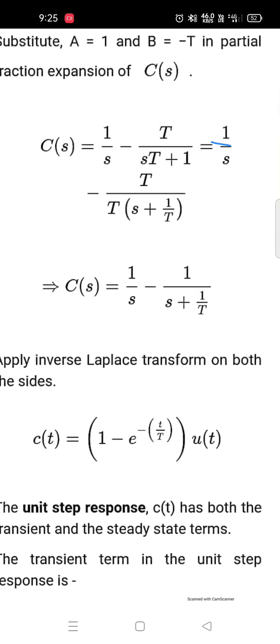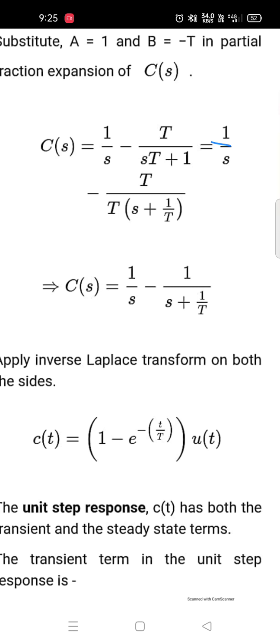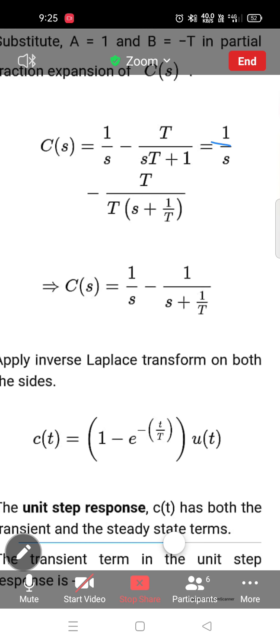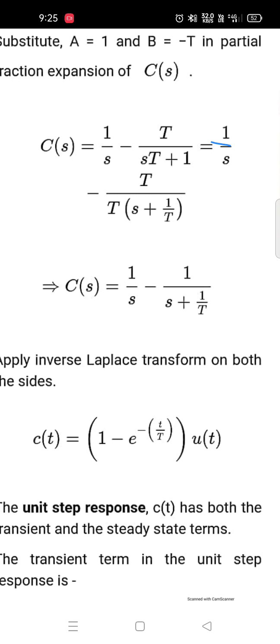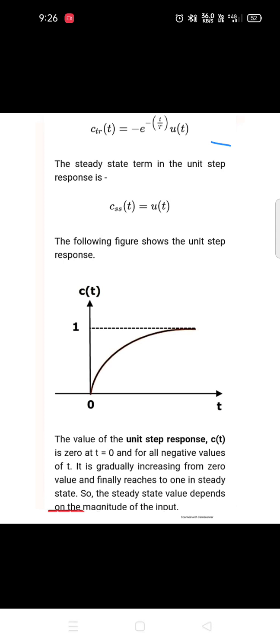Now we take T as common, so it will come as 1 upon s minus 1 upon s plus 1 upon T, and by taking inverse Laplace of this function, 1 upon s inverse Laplace is 1, and 1 upon s plus 1 upon T's inverse Laplace will be exponential of minus t by capital T into u of t. So this is the unit step response for first order system, and its plot is like this.